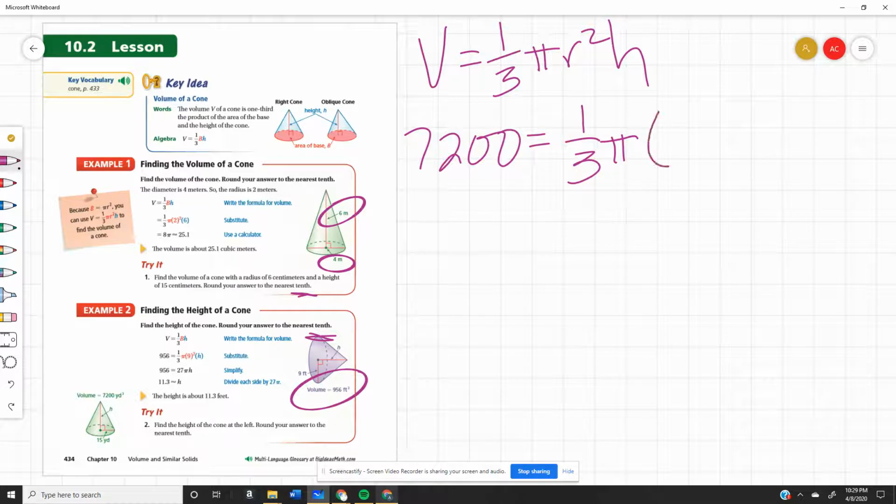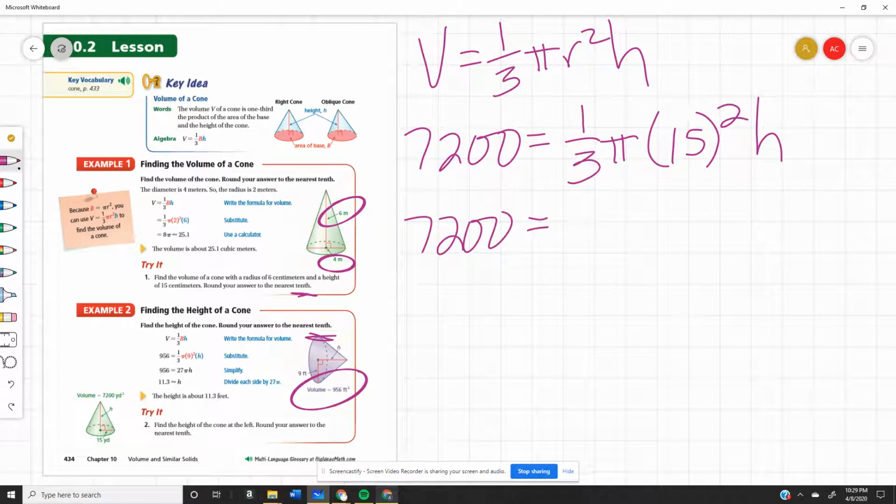Our radius here is 15 squared, and our height is h. 15 squared is 225? 225, yeah. So 1/3 of 225 is 75. So 75 pi h. Sorry, that's a terrible pi. So then 75 times pi is 235.6.